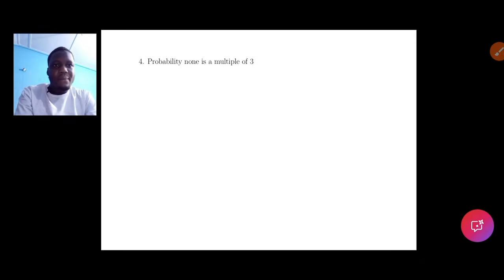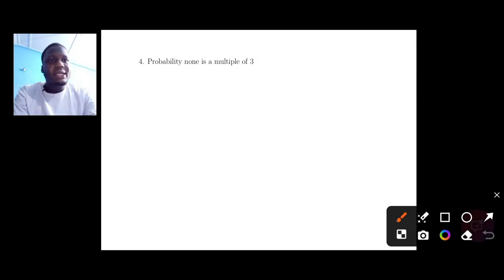Probability that none is a multiple of 3. None is a multiple of 3. So it means that the first one is not a multiple of 3, and the second one is not a multiple of 3.